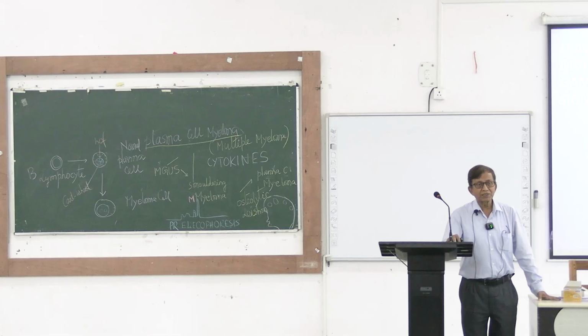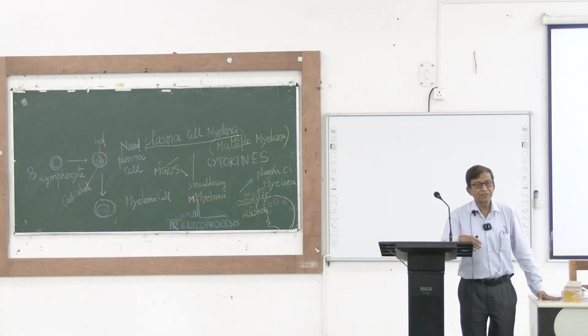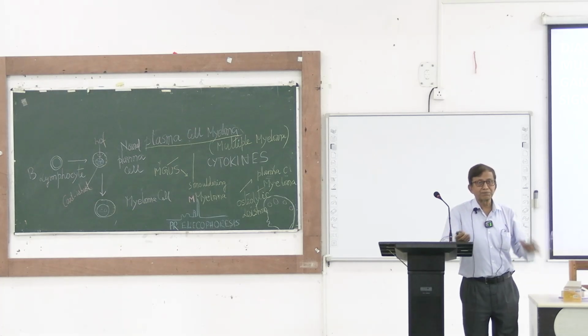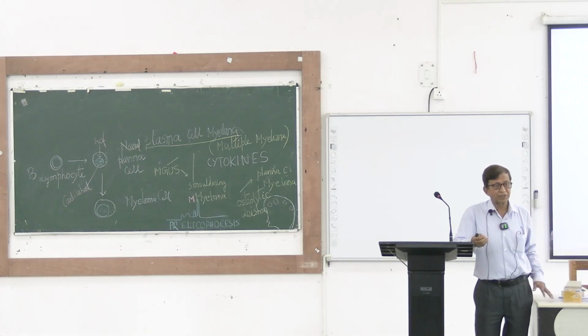In that condition, we call it plasma cell myeloma. Previously, when we were students, 20 or 25 years back, we called it multiple myeloma, that means myeloma which affects different parts of the body.